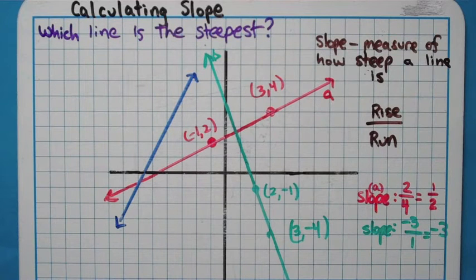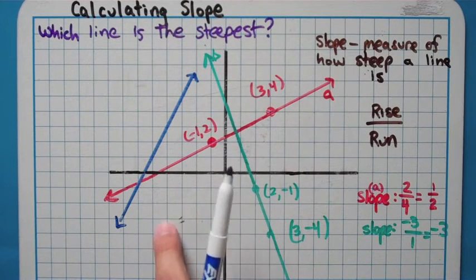So I have one more line to go, and in this one, they didn't give us any points on it, unfortunately. It makes it so much easier when you can just count the slope like that. So what I'm going to do is look for lattice points. Basically, I'm looking for a nice point on the graph where the line goes right through a corner on the graph. Like if this was my line right there, that would be a lattice point. It's right on the crosshairs, and it's easy to tell what that point is.